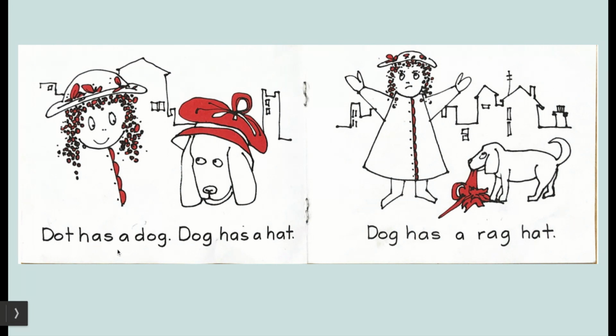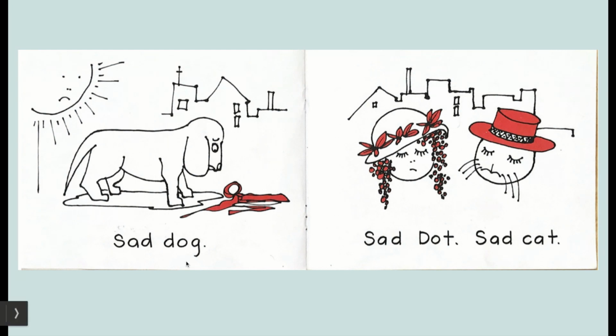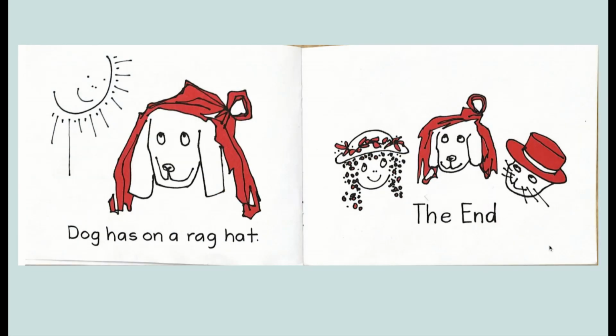Dot has a dog. Dog has a hat. Dog has a rag hat. Sad dog. Sad dot. Sad cat. Dog has on a rag hat. The end. And that's the end of today's lesson.